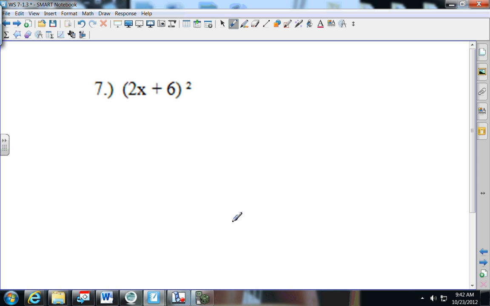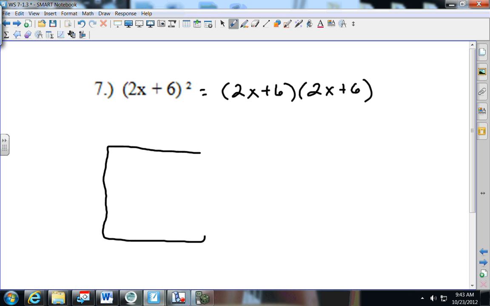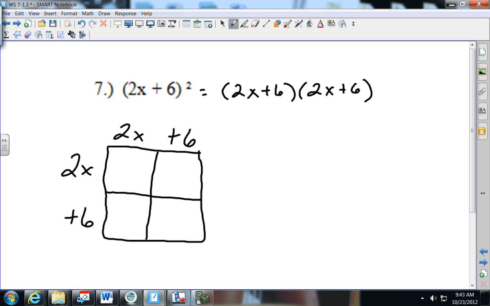Number 7, how should we rewrite this? Yeah, 2x plus 6 times 2x plus 6. So now when we go and we draw our box, 2x plus 6, 2x plus 6. Now what's inside these parentheses is exactly the same.